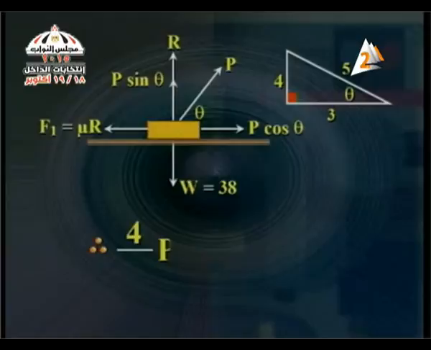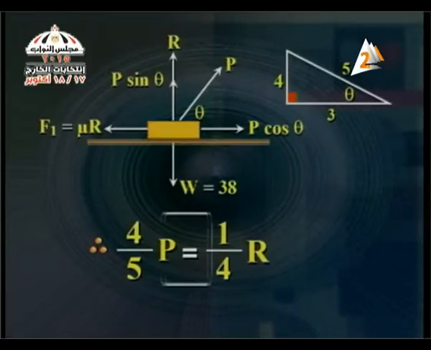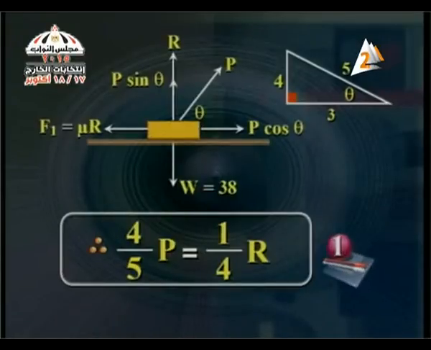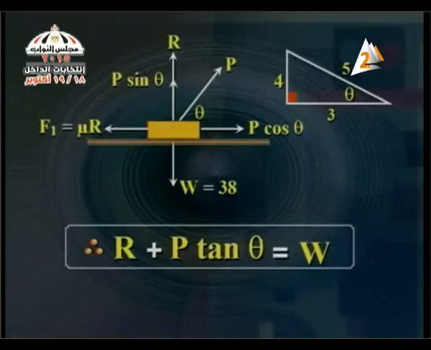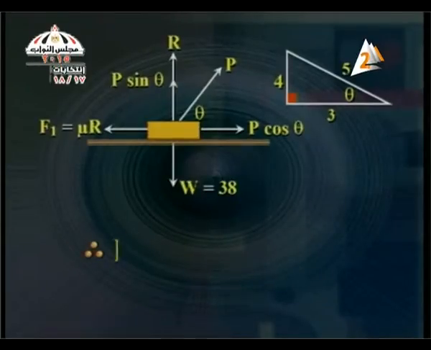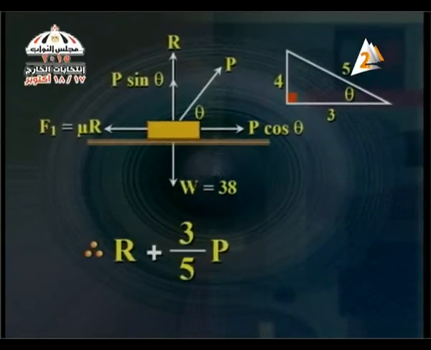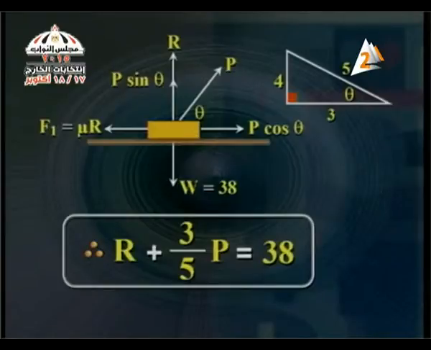Therefore, 4/5 P equals 1/5 R, so P equals 1/4 R, and this is equation number 1. Then R plus P sine theta equals W, so R plus 4/5 P equals 38, and this is equation number 2.